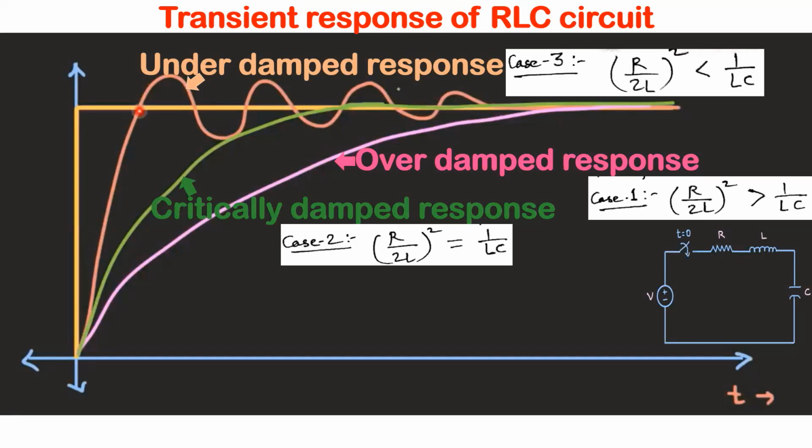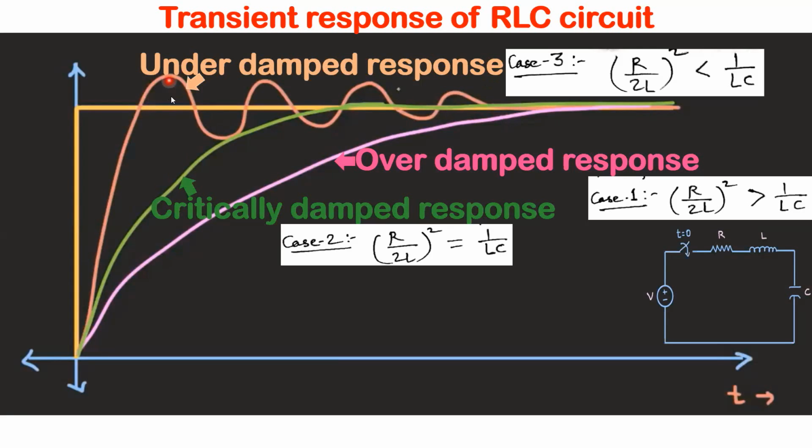Okay, so the underdamped response gives the maximum value or the final value or steady state value in the earliest time compared to the overdamped or critically damped system. But in the underdamped response, certain oscillations take place, and these oscillations are of dying out nature.